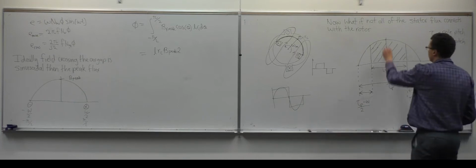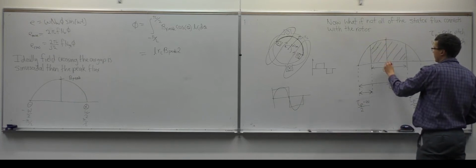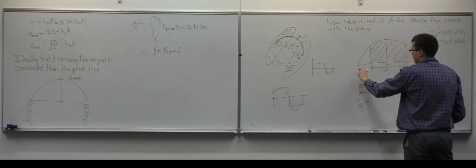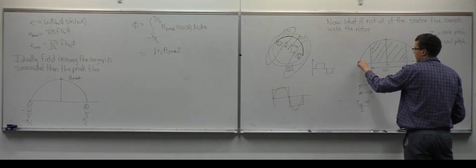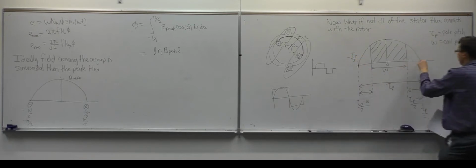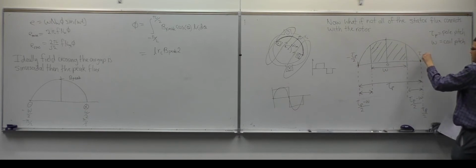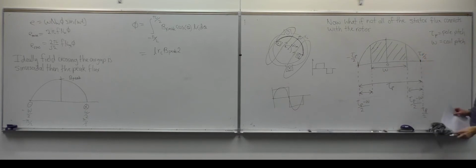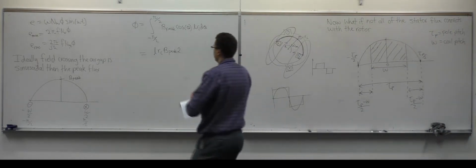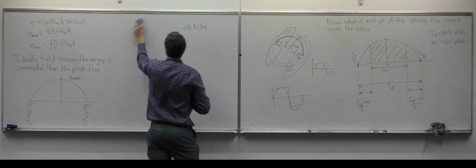And so then if we make this 0 here in the middle, and then on this side at this point here it must be minus TP over 2. Maybe I'll put that here. This is TP over 2. Hopefully that's clear.